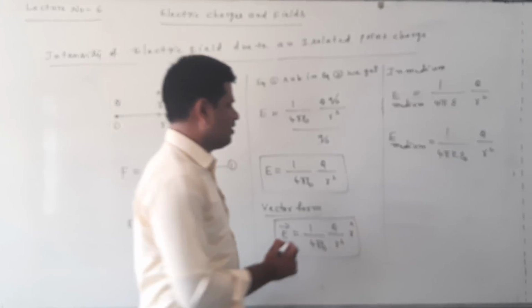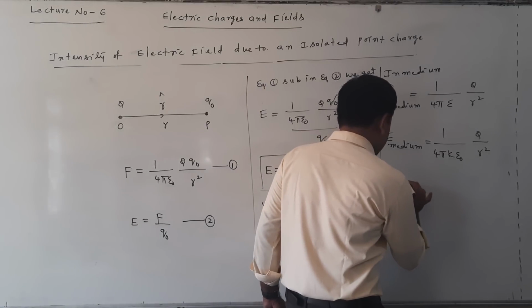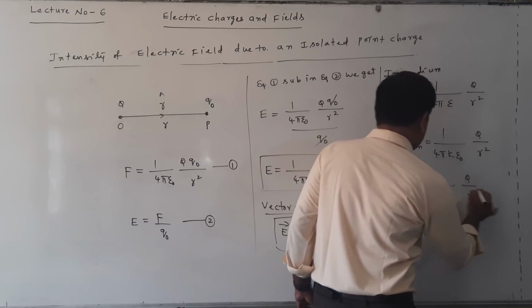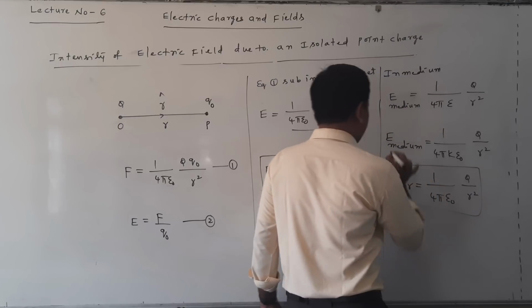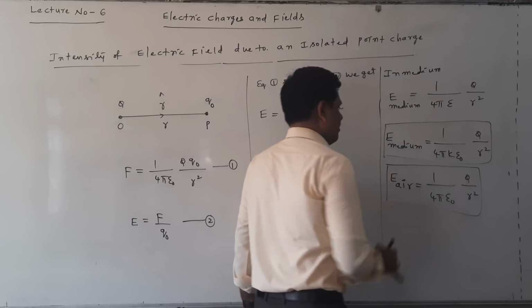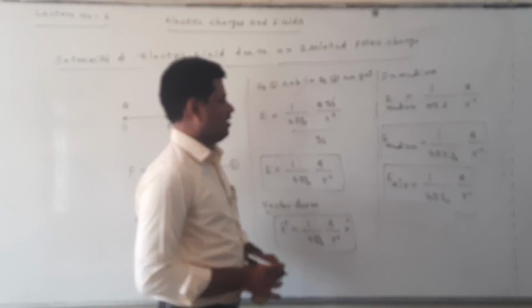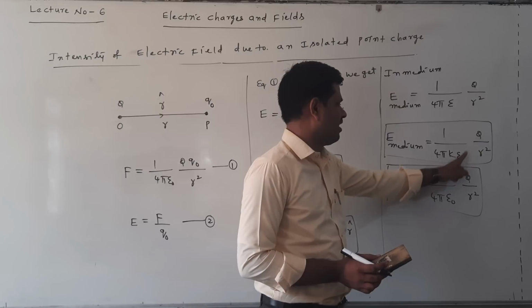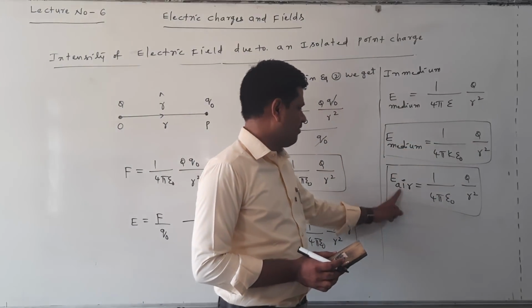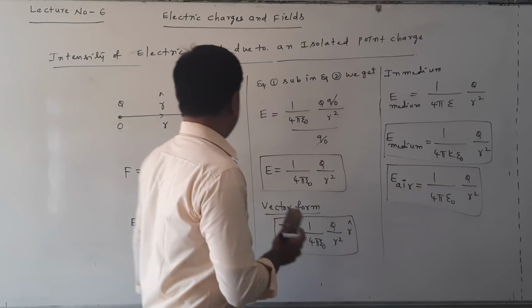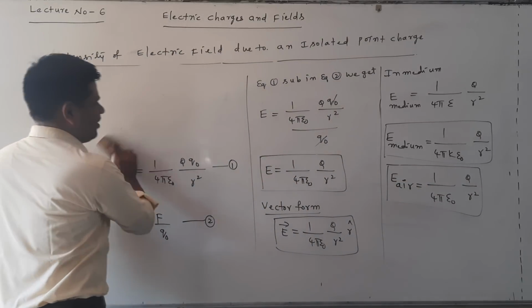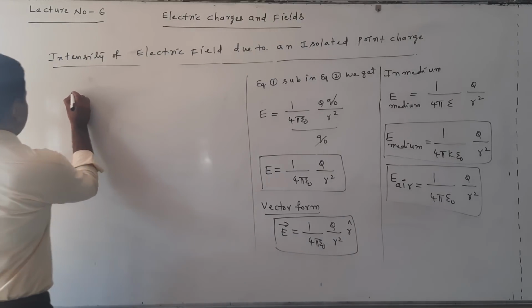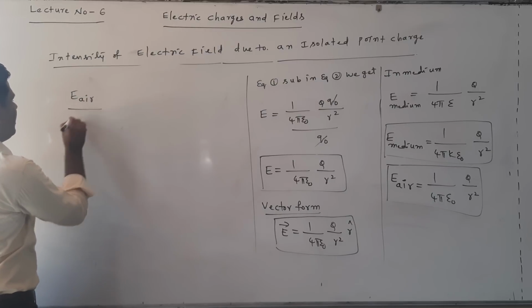Now in air we already know the formula: E air is equal to 1 by 4 pi epsilon naught into q by r square. This is in air or free space. In the medium, the electric field intensity is E medium equal to 1 by 4 pi k epsilon naught into q by r square. Now we have to find E air by E medium.